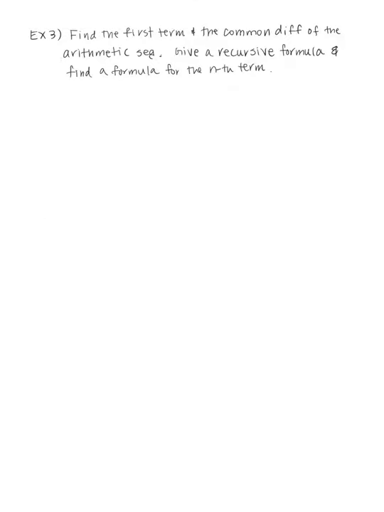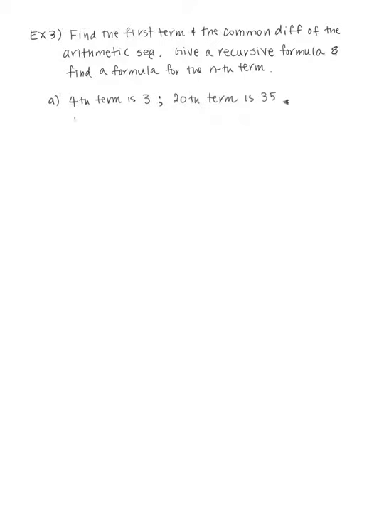Let's do something different. So example 3: find the first term and the common difference of the arithmetic sequence. Give a recursive formula and find the formula for the nth term. So let's try. The fourth term is 3 and the 20th term is 35.